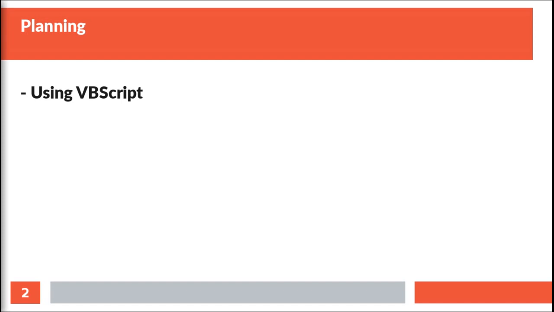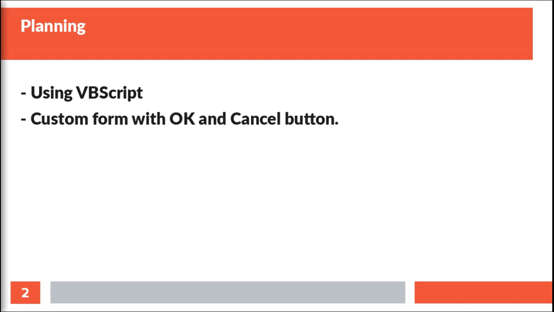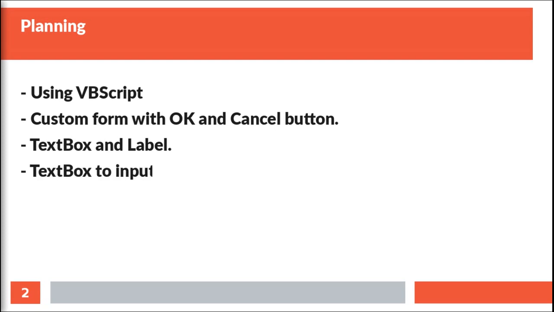Next, we'll use a custom form and create it. We'll create an OK button and a cancel button, and along with that we'll create a text box and a label. The text box can be used for user input, and the label will be static where the user can just read the message, for example, enter your name.